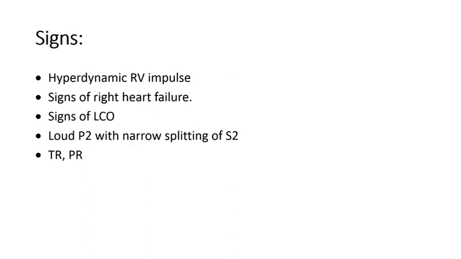Signs. The signs could be hyperdynamic right ventricular impulse, secondary to right ventricular hypertrophy and enlargement. Signs of right-sided heart failure, being the lower limb edema and the ascites. The ascites could range from very mild ascites to tense ascites, and signs of low cardiac output, such as hypotension and oliguria.